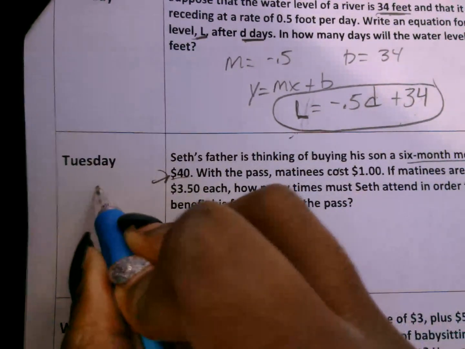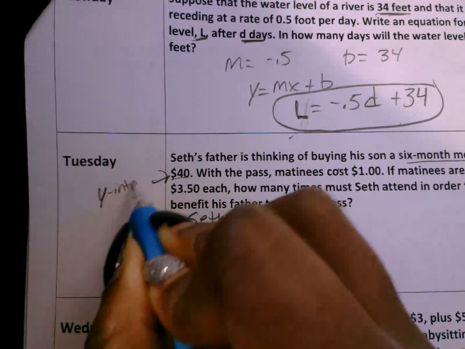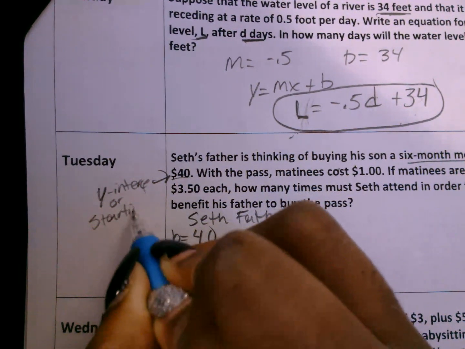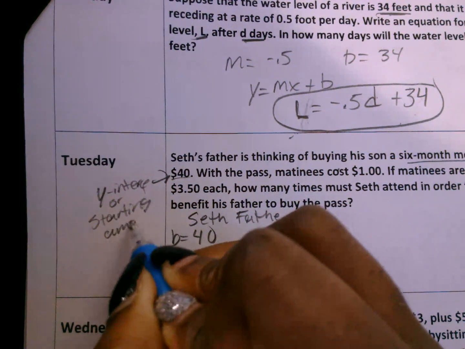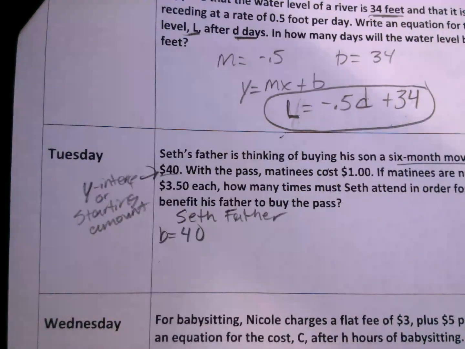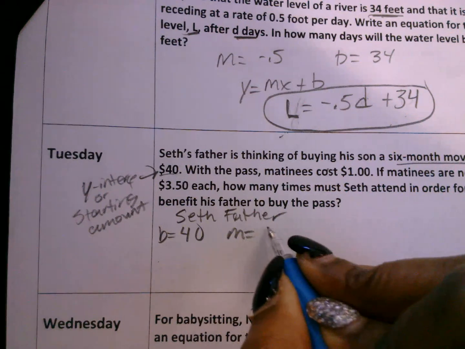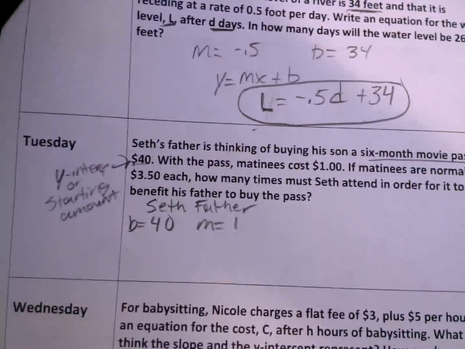This is the y-intercept, or what you call a starting amount. Automatically has to pay that $40. Then he pays $1 for a matinee cost. So now he only has to pay $1 because he paid the $40. So your slope here is $1 for matinees.